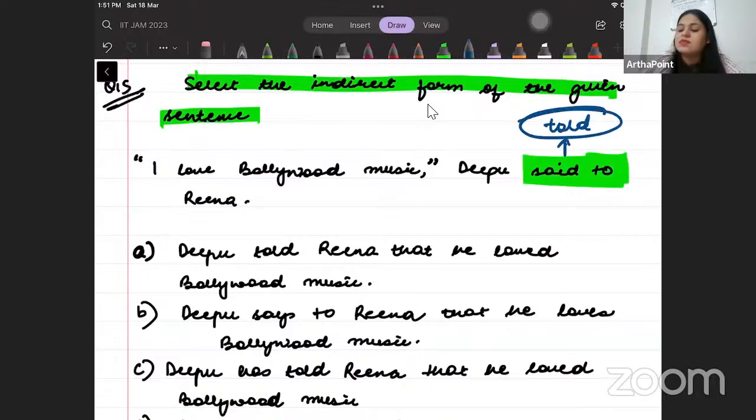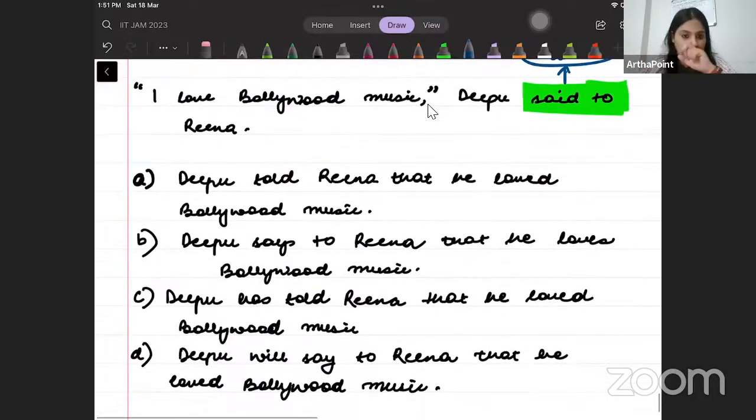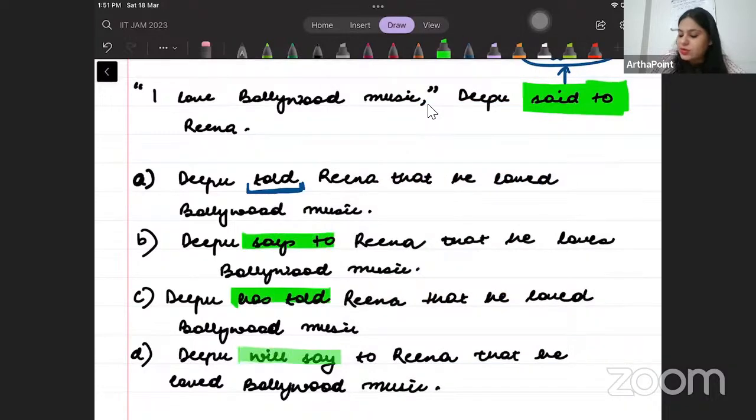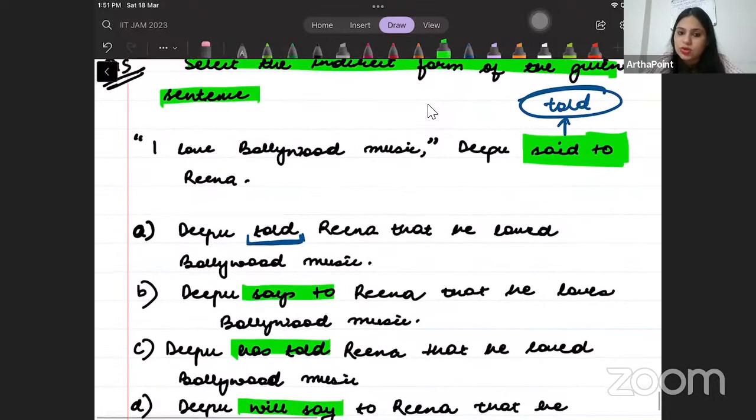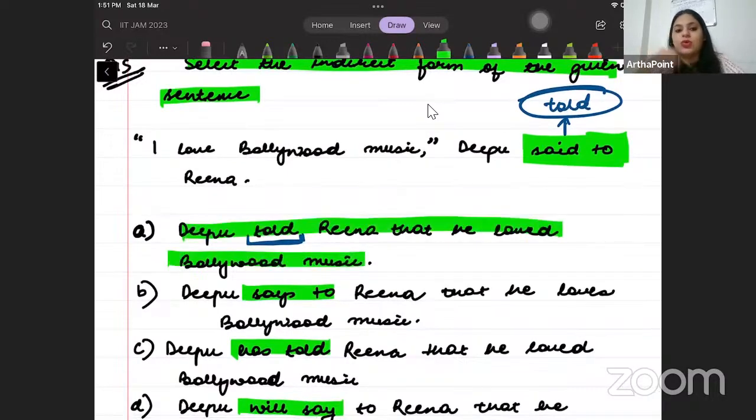Always. If you know only this rule, you will be able to solve this question. So only told is coming here. This says to, this is incorrect. Has told, incorrect. Will say, incorrect. Said to is always converted to told. So Deepu told Reena that he loved Bollywood music. Right? So this is the indirect form of this.